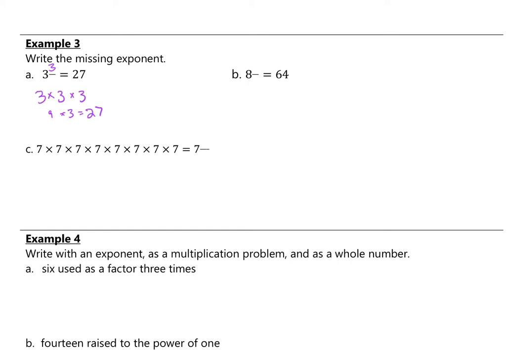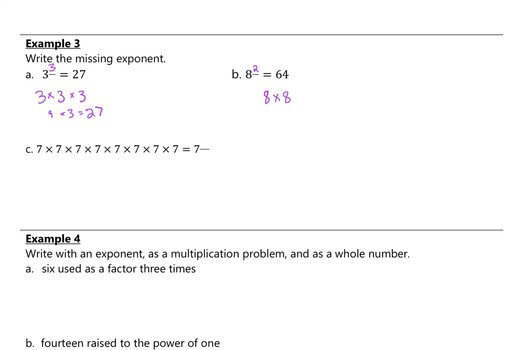Essentially, you may be having to guess and check, or you may be having to think about your multiplication tables or things like that. Like 8 to what power is 64? If you remember that 8 times 8 is 64, then you can go, oh yeah, that means there's 2 of them, so it's 8 squared.